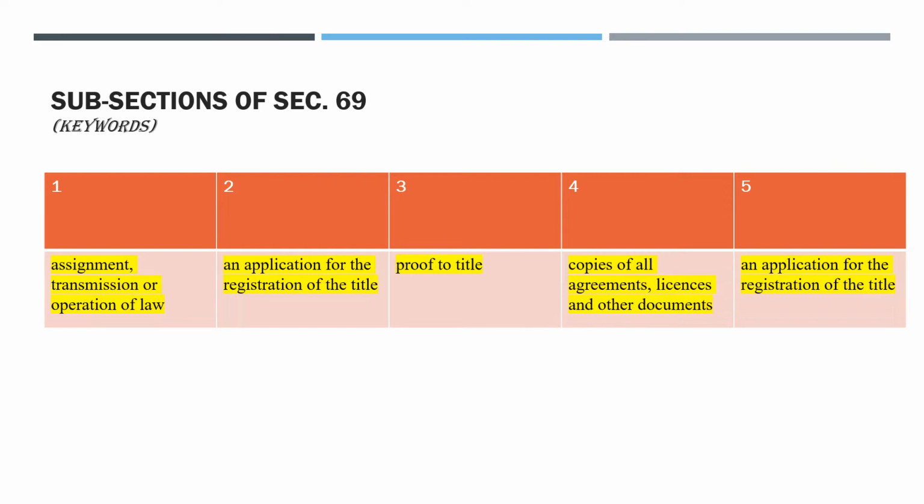The key phrase for subsection 2 is an application for the registration of the title. The key term for subsection 3 is proof to title. The key phrase for subsection 4 is copies of all agreements, licenses and other documents. And for the last subsection, subsection 5, the key phrase is an application for the registration of the title.